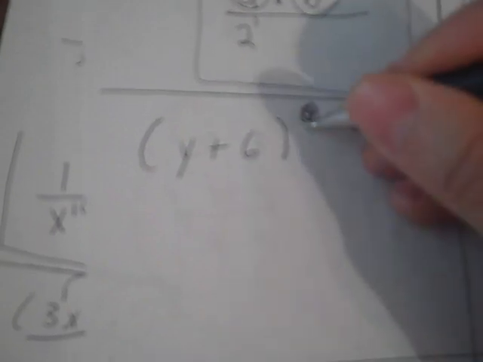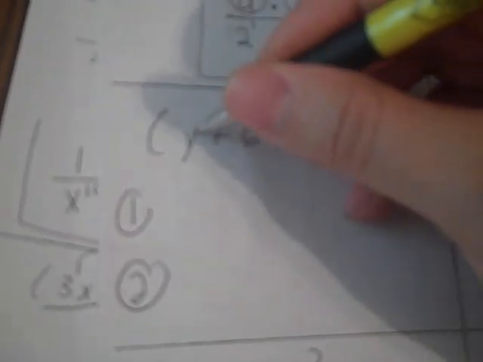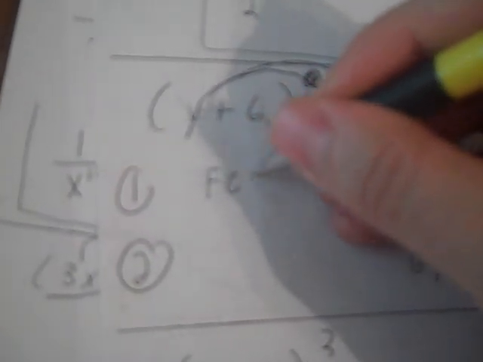A binomial squared, what you need to do is drop the second power and just make another y plus 6. And then it's the FOIL method. So y times y, y times 6, 6 times y. Here, I'll write FOIL.